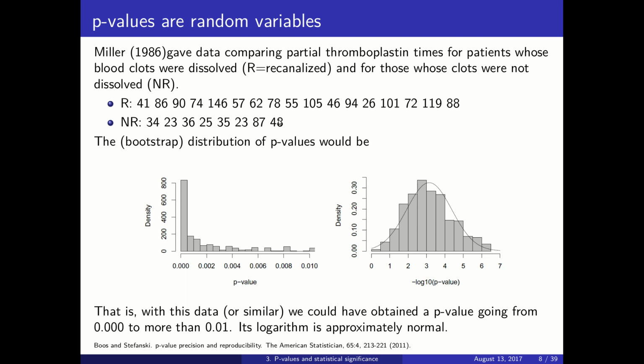We will compute random samples that have 15 and 10 observations, obtained by resampling with replacement. So you take 15 numbers randomly from here, and every time you take a number, you put it back into the bag so that you can take it again. And the same for the non-resolved group.